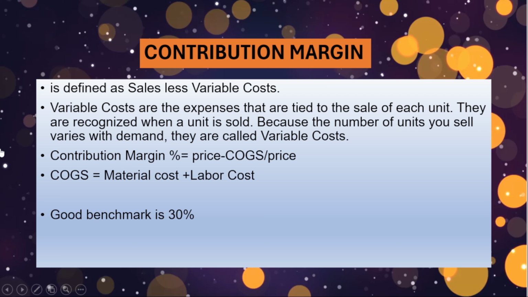The contribution margin percentage is calculated as the price minus direct labor minus direct material cost, divided by the price, then you multiply it by 100. You should know that a good benchmark in contribution margin is around 30%. So the goal is to continuously improve your contribution margin to maximize your profit.